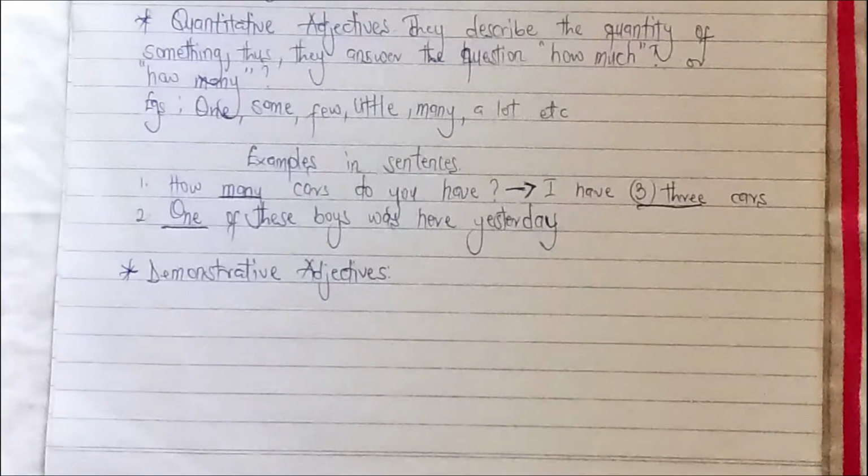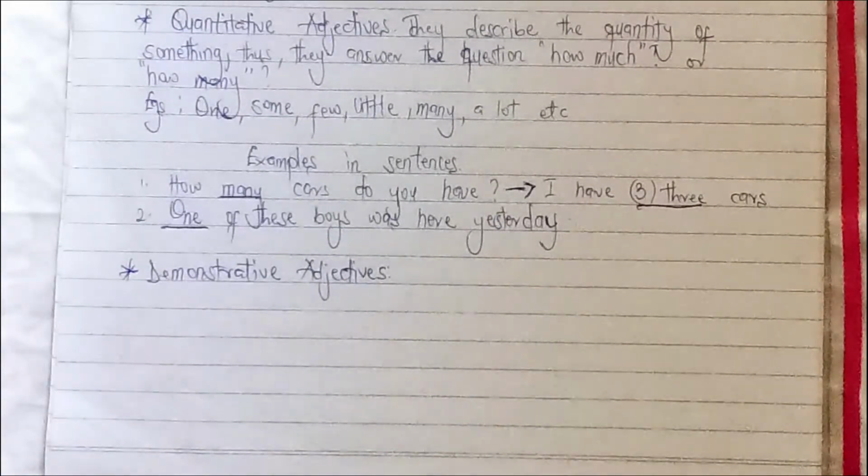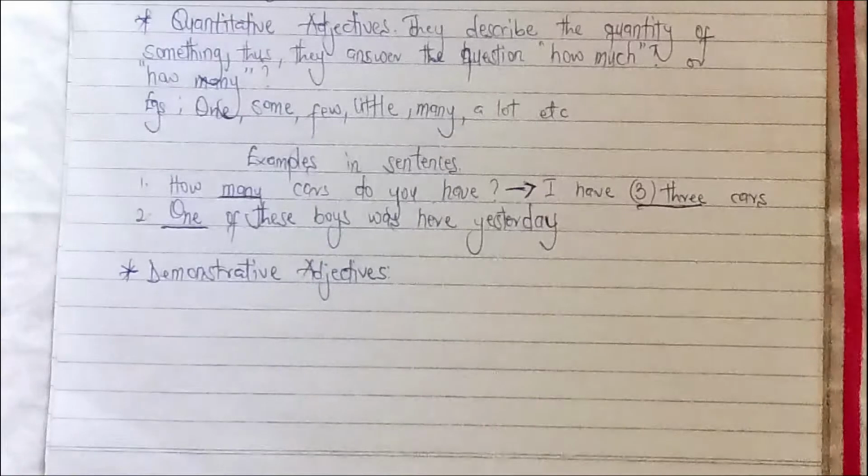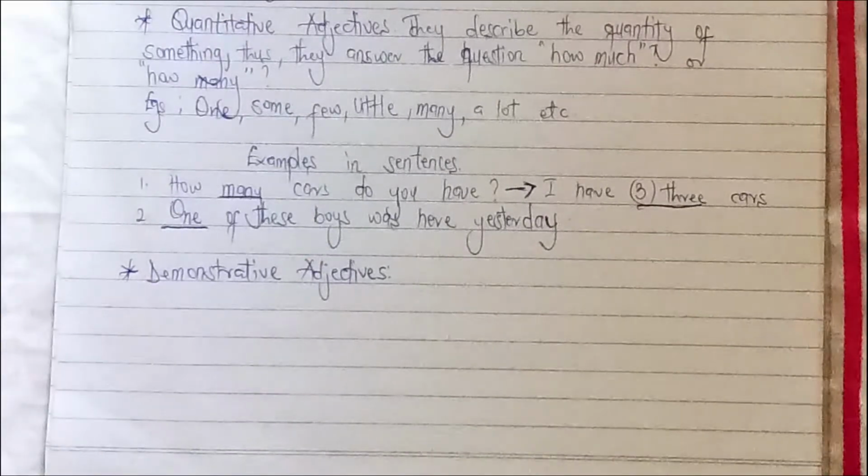So for instance, if they are describing a car, the demonstrative adjective would come before the word car, and so we have something like this car. Examples of demonstrative adjectives are these, this, that, those, and so on and so forth.